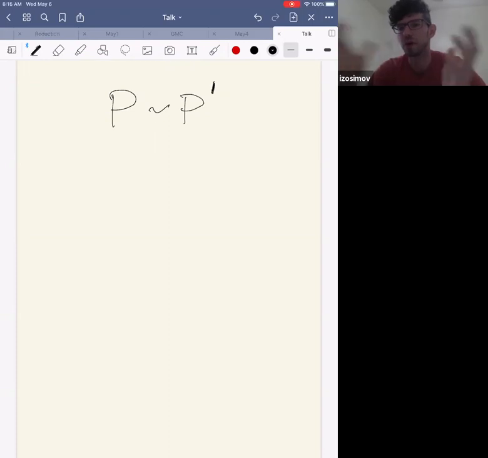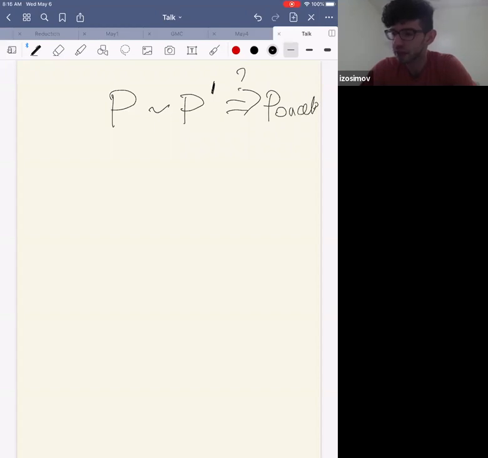So we have a polygon which is projectively equivalent to the polygon formed by these intersection points of diagonals. So in this case, is it true that P should be a Poncelet polygon?